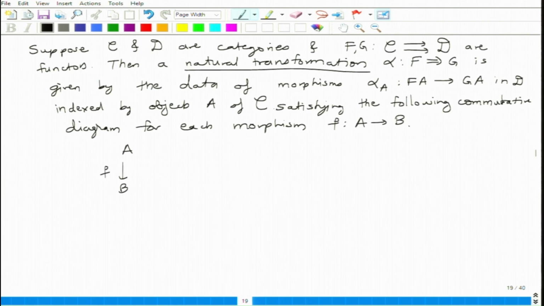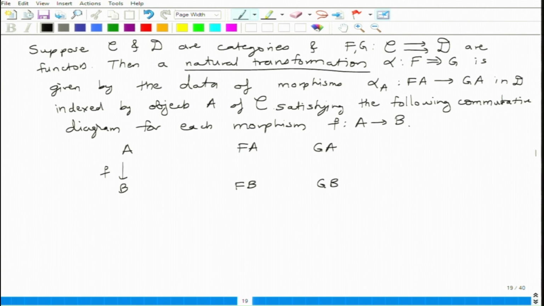So this is happening in C, a morphism f from A to B. Corresponding to A we have FA, we also have GA, and here we have FB and we have GB. These are the objects in D.